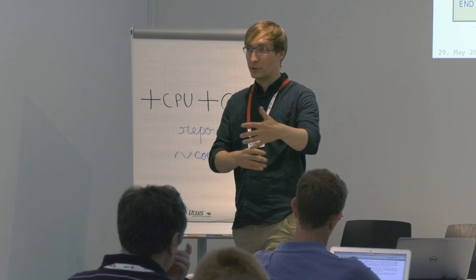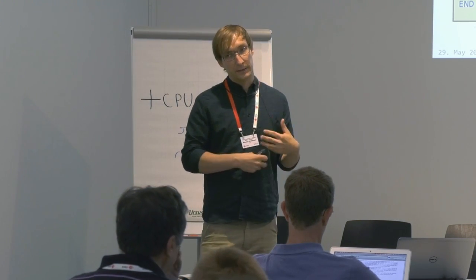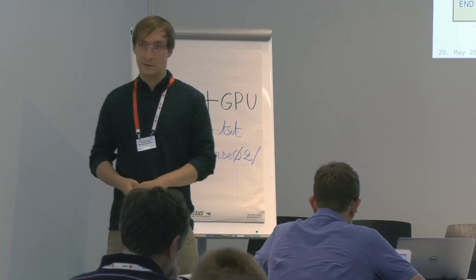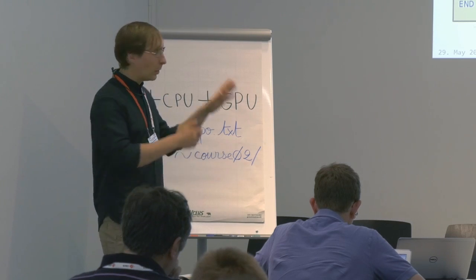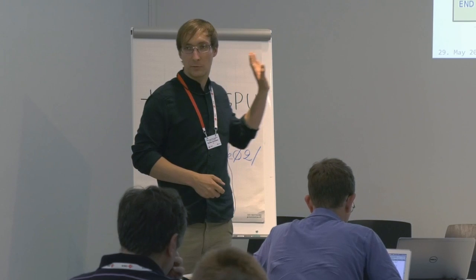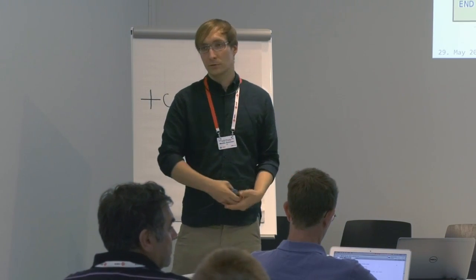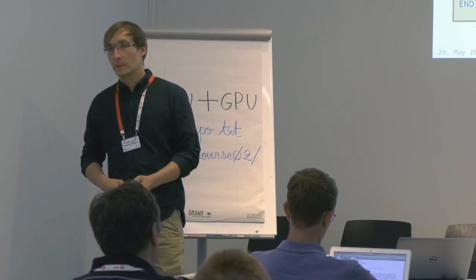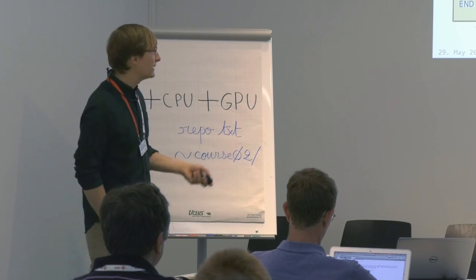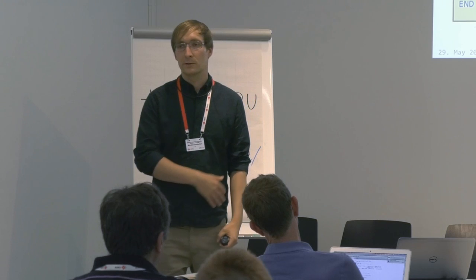If you have a structure with maybe arrays in there, copying the whole structure is still an issue, so you usually have to do it one by one yourself. But for all the types and memory sizes, you do not have to care about that. The compiler does that for you. You just have to specify that you need that array on the GPU. And when the data region ends, the GPU memory will be deallocated.